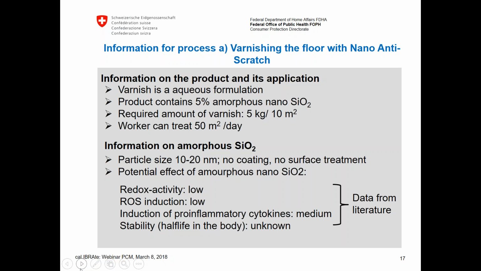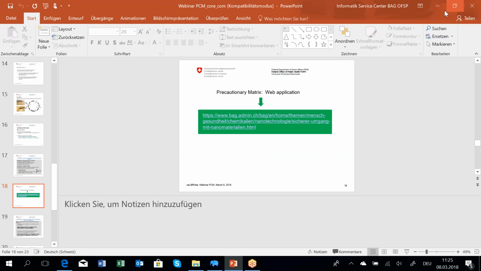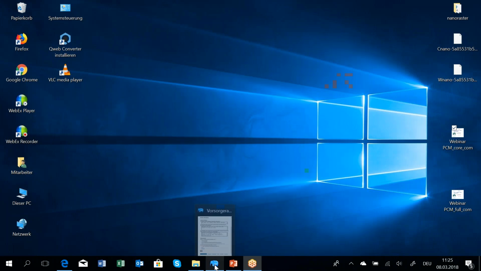The reactive oxygen species induction is also low, and the induction of the pro-inflammatory cytokines medium. And about the stability, which is the half-life in the body and the environment, we do not know. So with this information, we can fill in the precautionary matrix, and I will show you how.